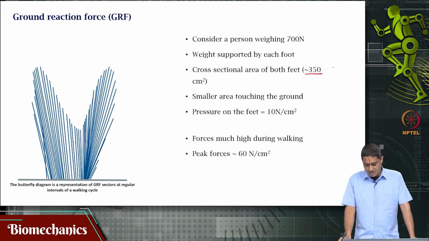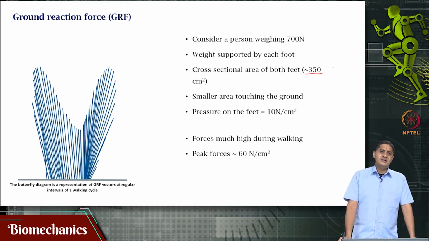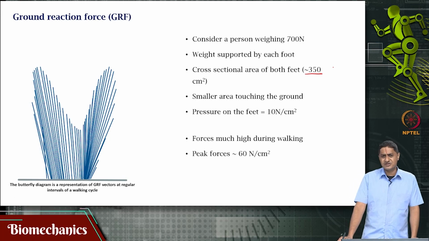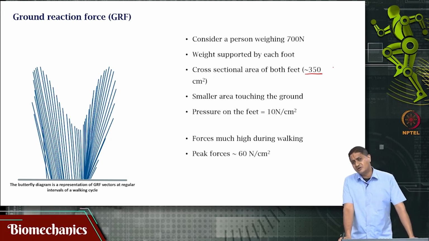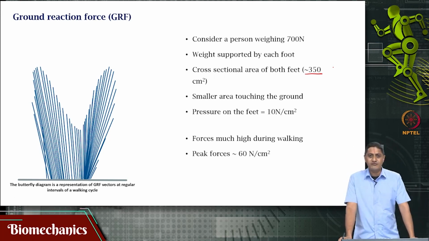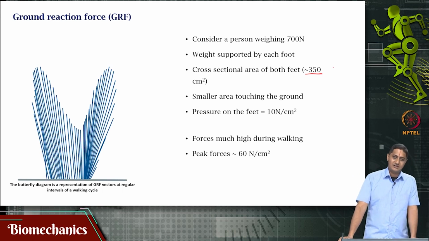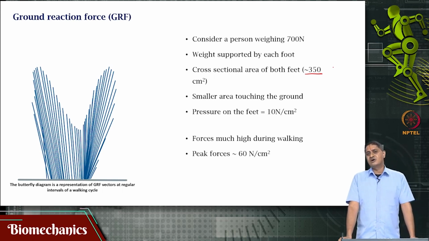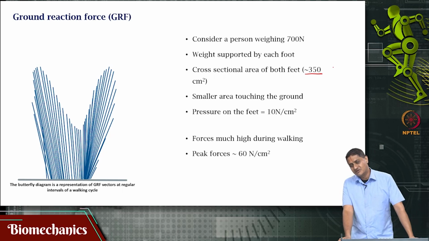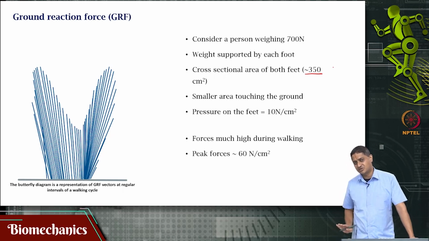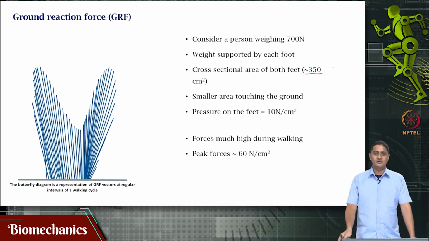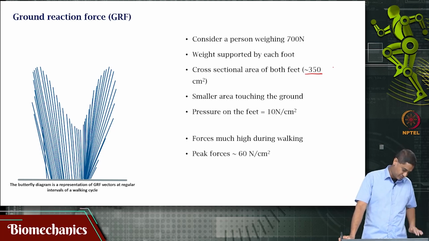After accounting for all the area that is in contact and all the area that is not in contact, you will realize the average pressure, of course this will vary as a function of time. This will vary depending on whether you are shifting the weight from one foot to the other foot, something that we do all the time. You may not realize when you are standing for a long time, you might shift like this. Now I am shifting most of my weight to the right side. When I am doing that, for example, I am shifting most of my weight to the left side.